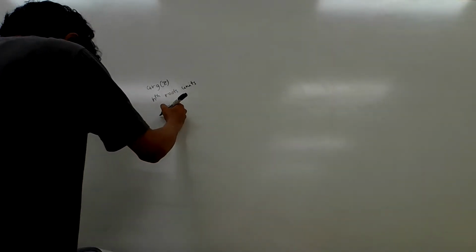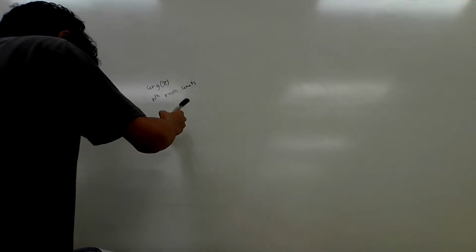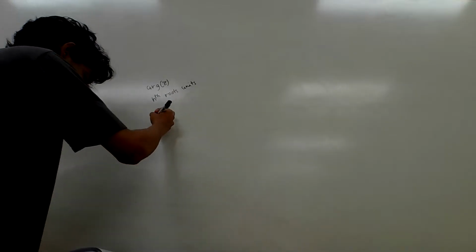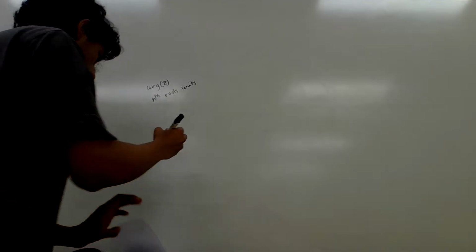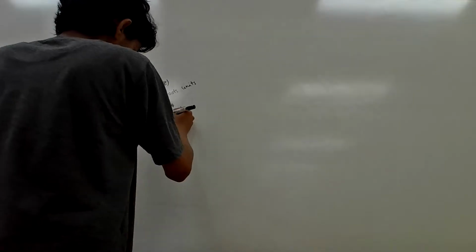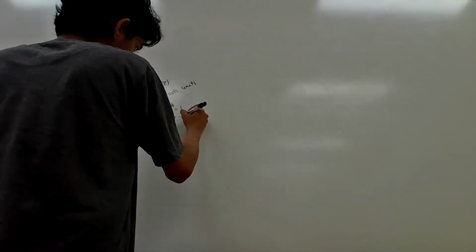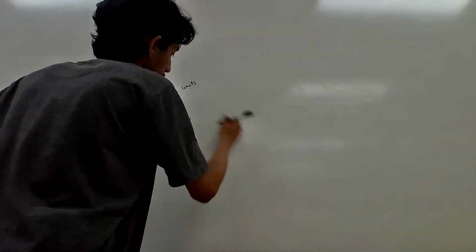For example, if there is a number r such that r to the power 4 equals 1, what are the values of r? Obviously r can be minus 1 or 1, but there are some more numbers that will also give 1.